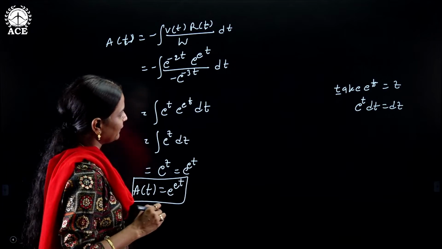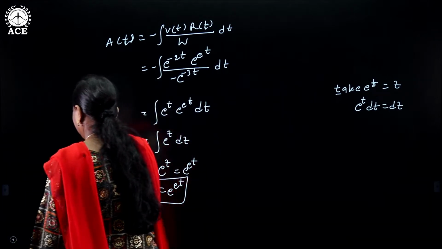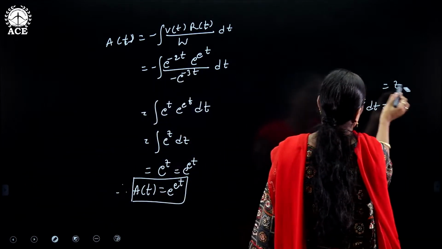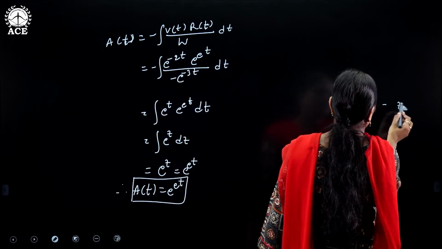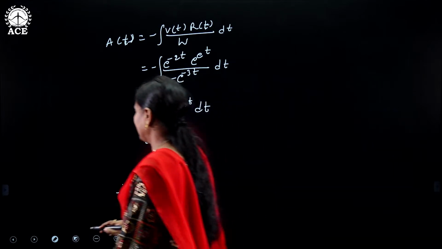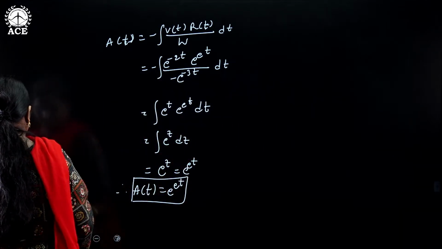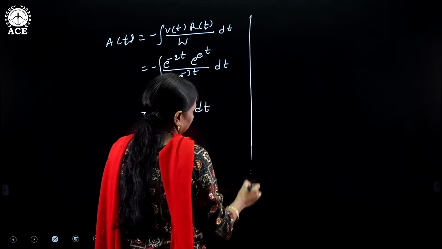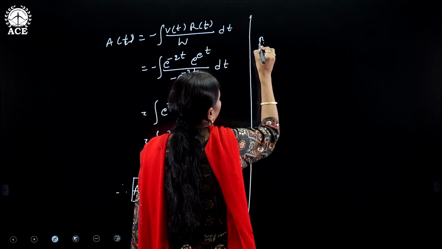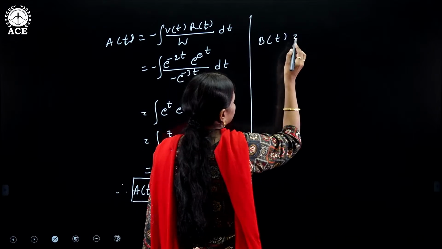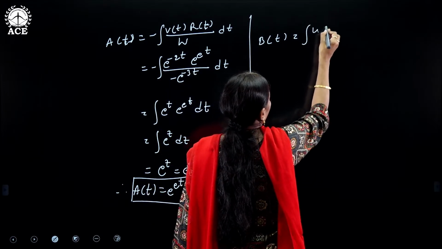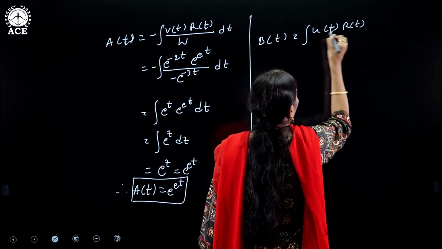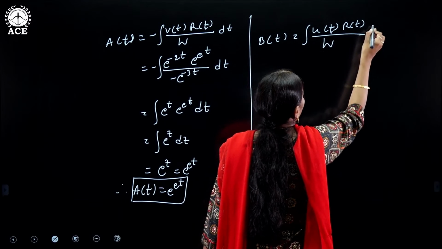Next, find the b of t value. What is the b of t formula? Here b of t is equal to integral u of t into r of t by w into dt.